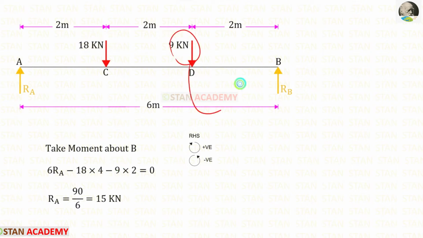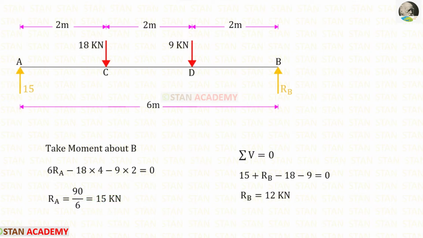This load is also acting in the anti-clockwise direction, so it is also negative and the distance is 2. Finally, for RA, we are getting 15 kN. By applying the rule sigma V is equal to 0, we can find RB, which is 12 kN.